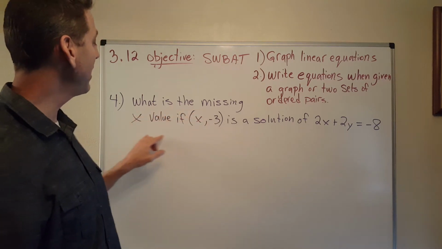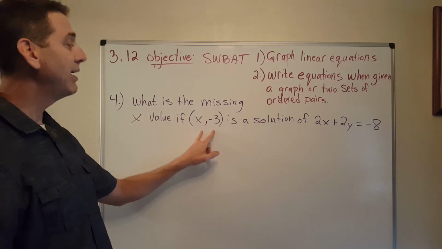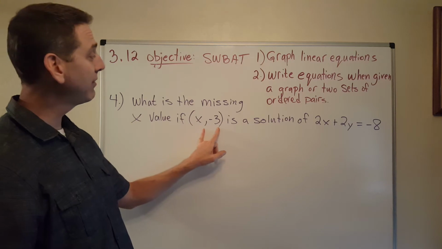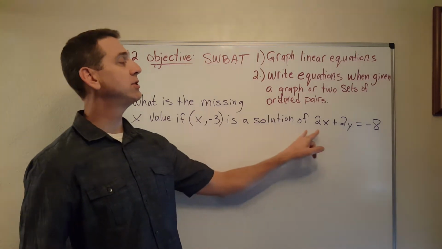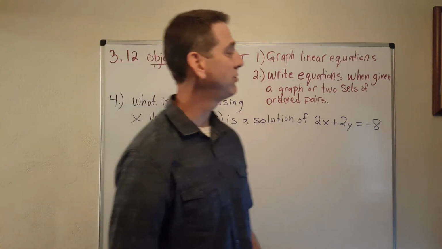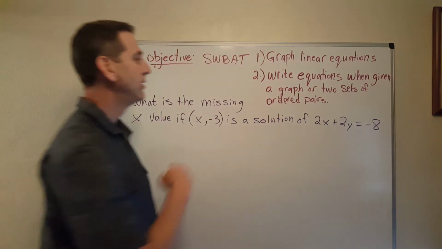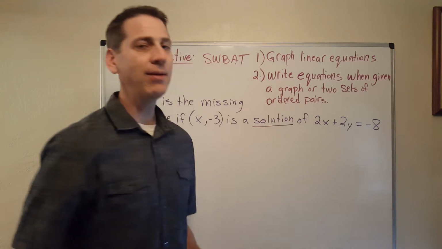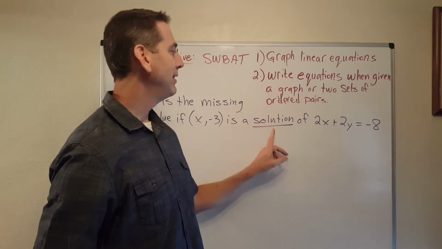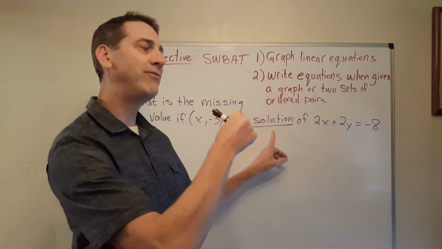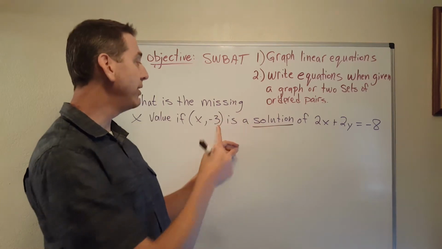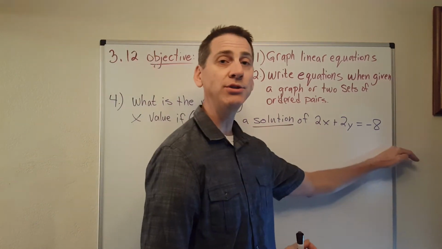What is the missing x value if the ordered pair (x, negative 3) is a solution of 2x plus 2y equals negative 8? A solution is a value of a variable that makes the equation true.